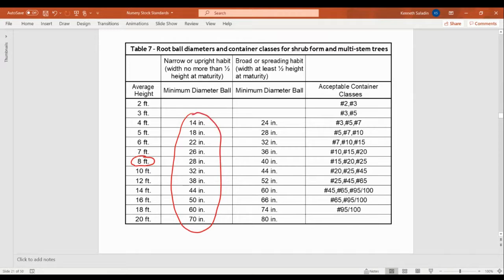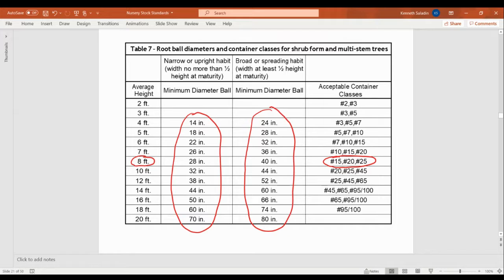On the other hand, if the multi-stem tree has a broad or spreading habit, then we use this set of minimum ball diameters. And over here are the different container sizes that you would grow an 8-foot multi-stem tree in.